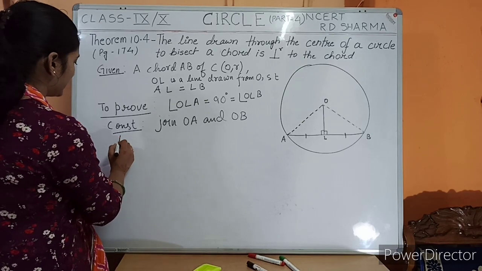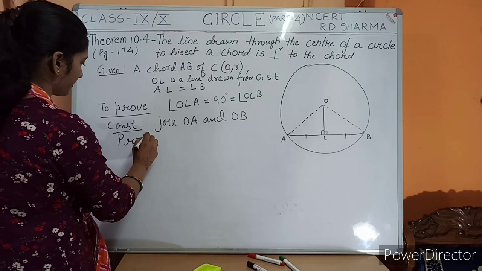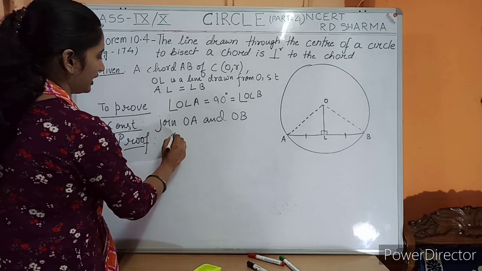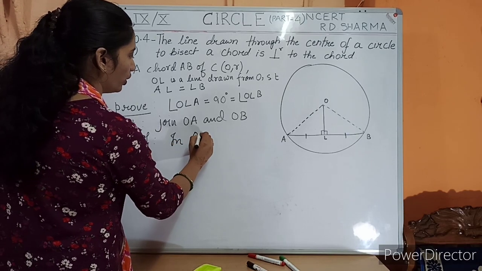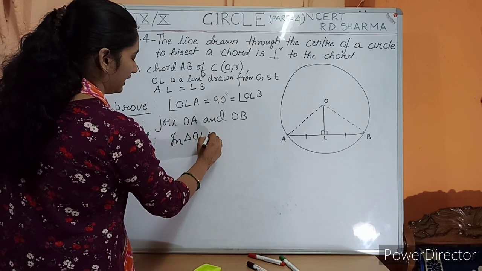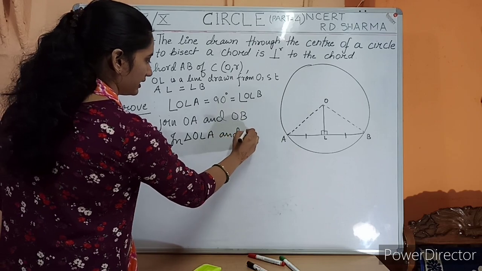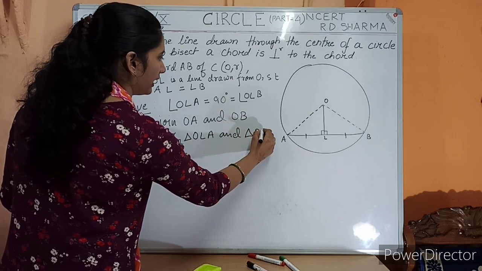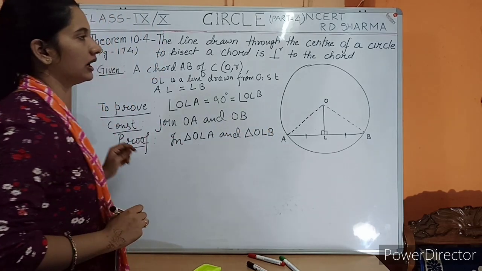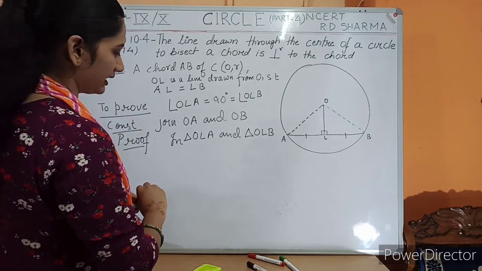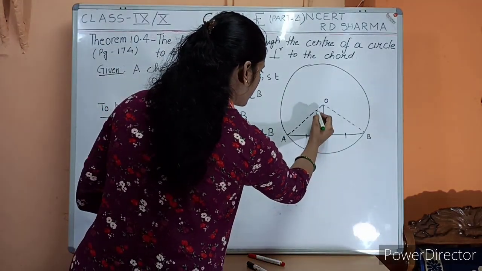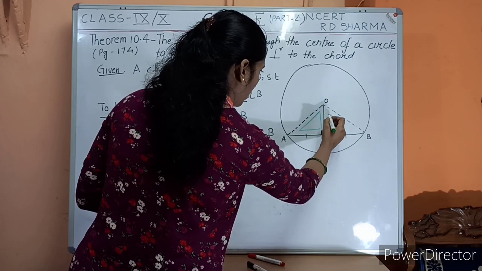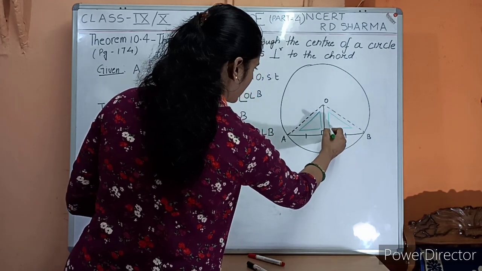Now let us see the proving part. We need to take the triangle OLA and triangle OLB. These two triangles we will take. This one is the first one, ये है, और एक ये है. ये दो triangles हम लोग लेंगे.